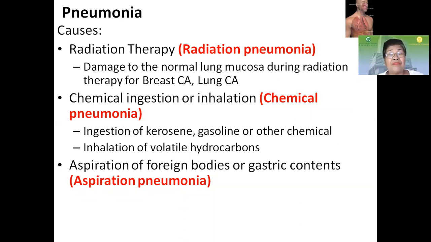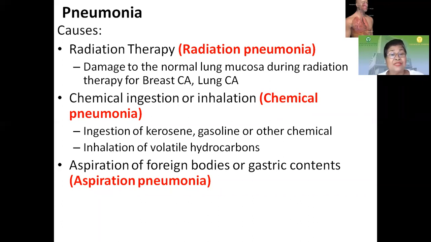So, ang prevention dito, like kerosene, it must not be placed in a clear bottle, like sa bottle ng Sprite. So baka akala ng bata ay Sprite pala yun. It must be placed out of reach of children to prevent accident.